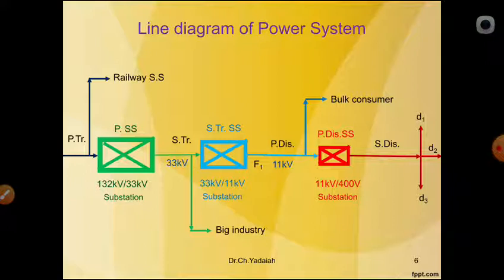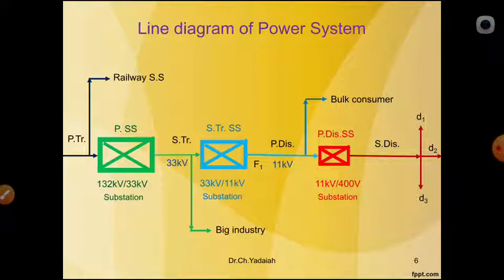After the secondary transmission substation comes the primary distribution substation, where 11 kV is stepped down to 400 volts by the DTR near our street. That line is known as the primary distribution line. The 11 kV line is nothing but the primary distribution line.